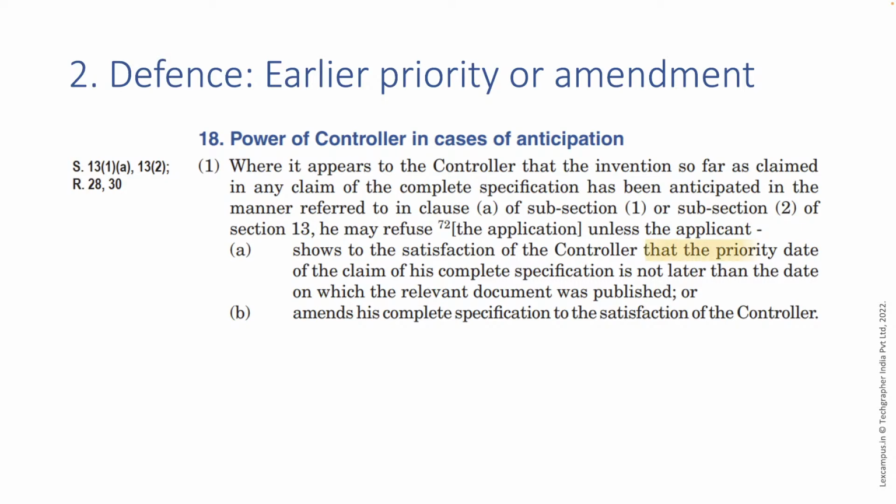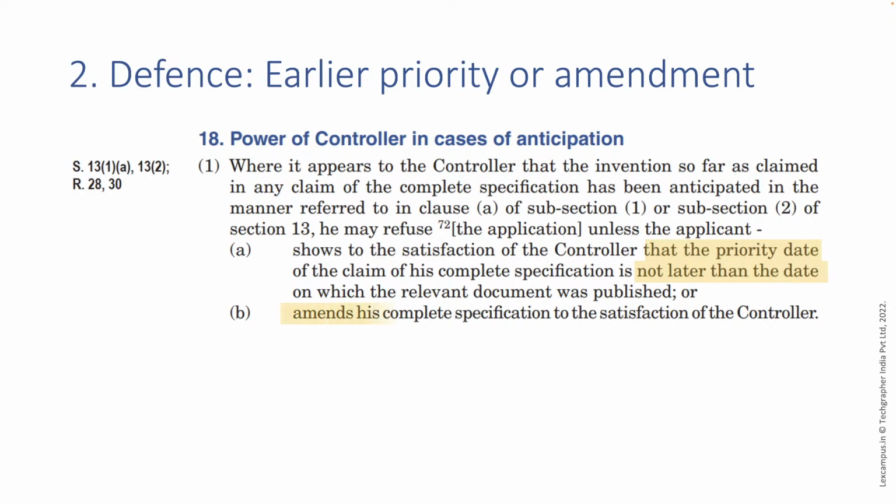The applicant can show to the satisfaction of the controller that the priority date of the claim was not later than the date of the relevant document. Not later as in it was either at the same time or before. So if it's at the same time or before, it cannot be anticipated.